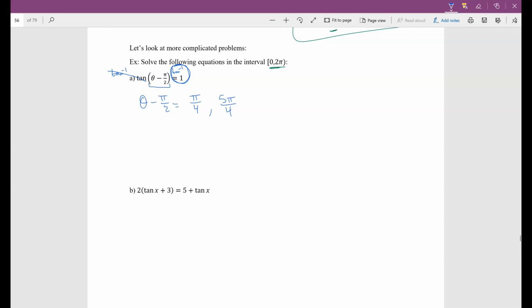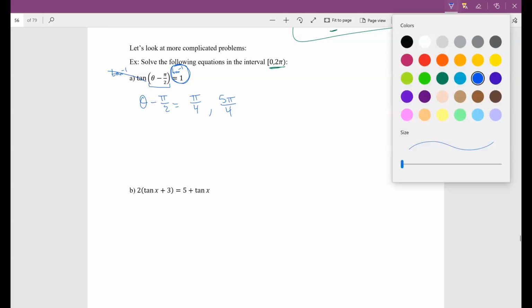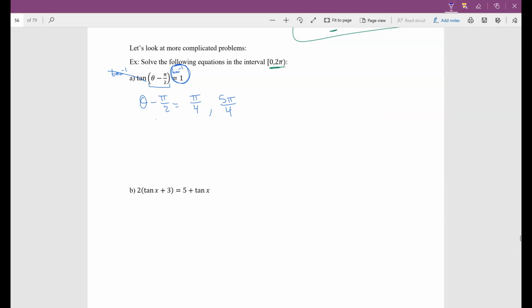And now what I want to do is use this pi over 2, because I still need to figure out what this theta value is going to be. So I'm going to add this pi over 2 to both of these.